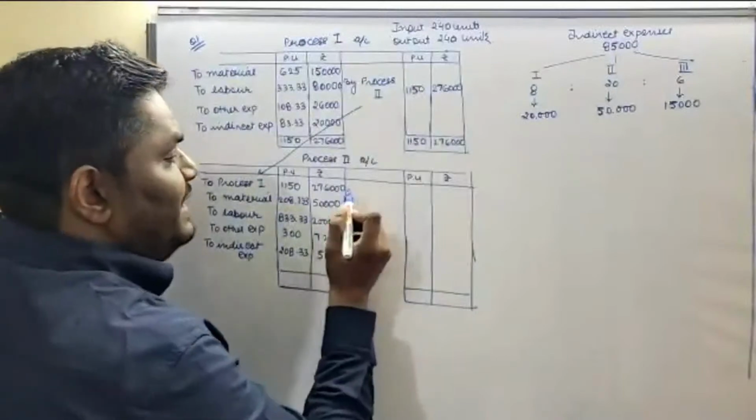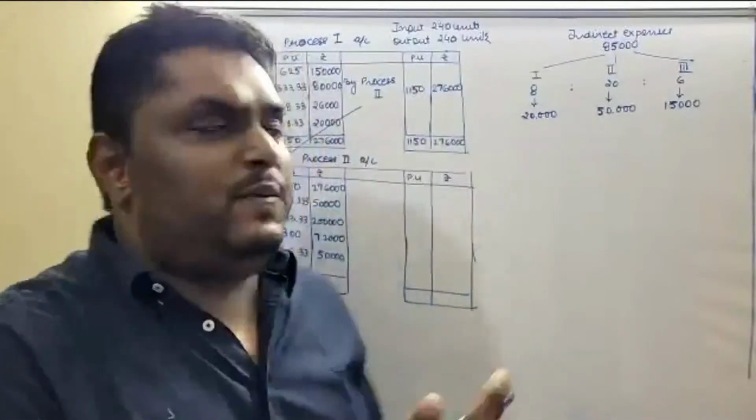The output of process second is transferred to the next process, that is process third.